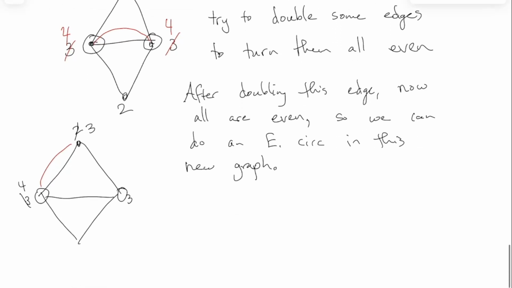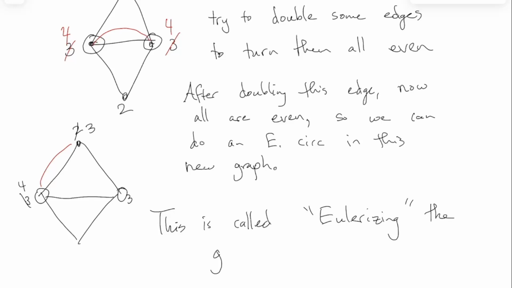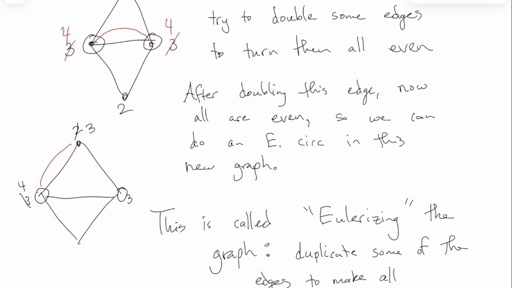This little procedure here is called Eulerizing the graph. That is, you duplicate some of the existing edges to make all the degrees even.